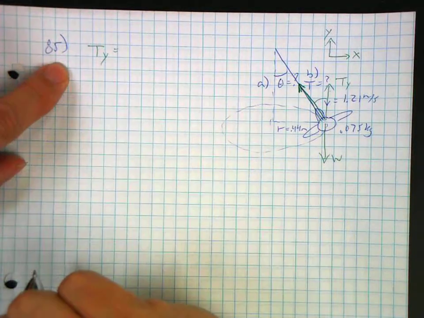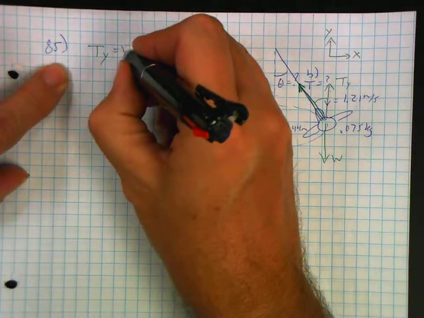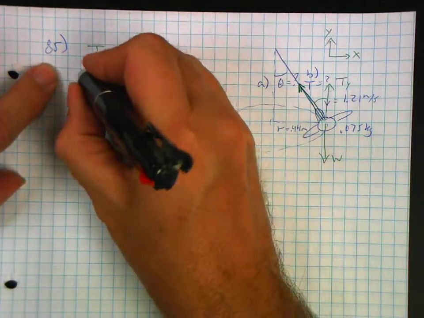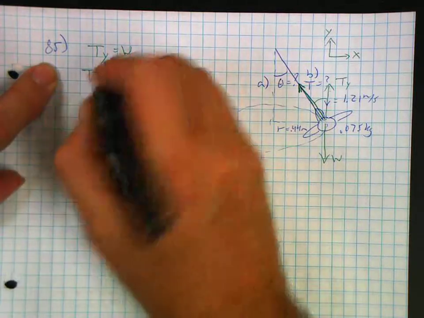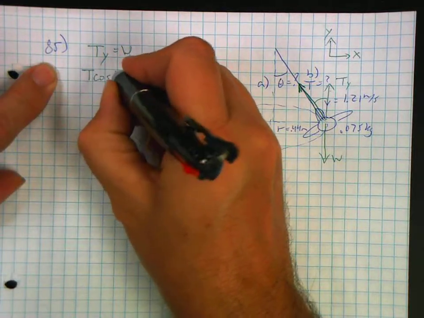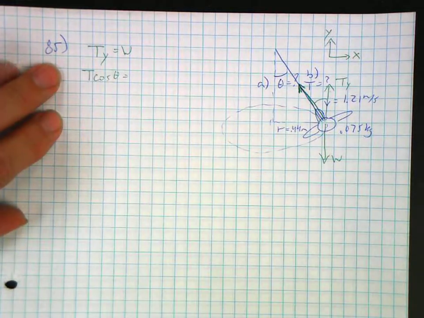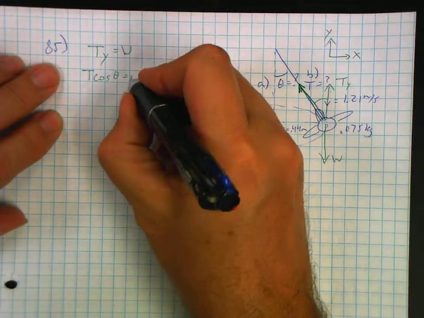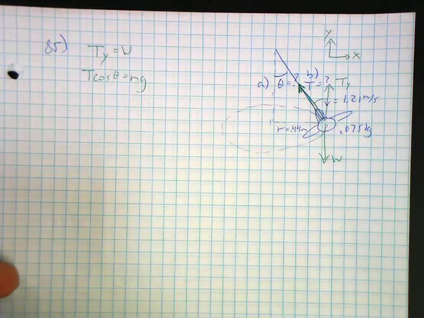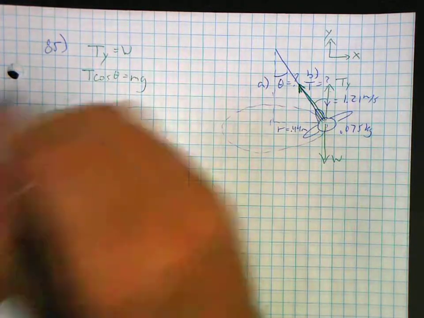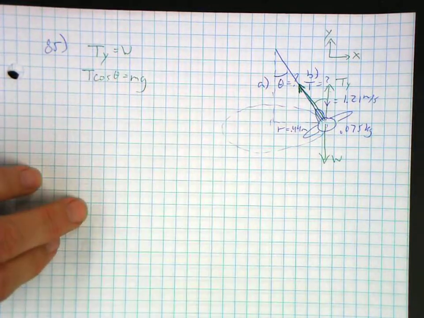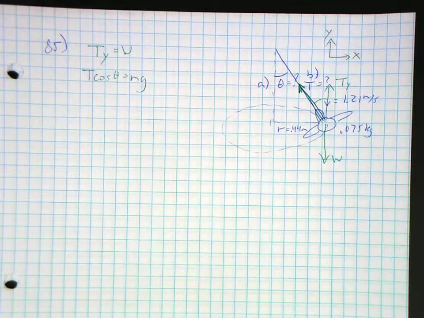My tension in the y direction is the tension times the adjacent side, so that's cosine of theta, is equal to the weight. The weight is, of course, mass times gravity. Well, that didn't get me very far because I have both of my unknowns at the same time. This looks like a problem where we're going to have two equations with two unknowns in order to solve for them.